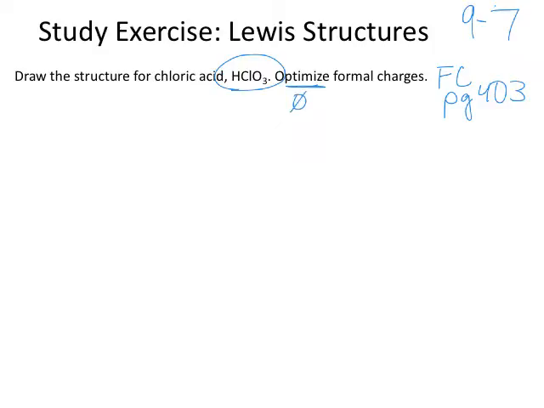The second rule says the sum of all formal charges has to equal the charge on the ion. So the last one, where we did ammonium, the formal charges had to sum up to a +1, and it did, because remember the hydrogens were all 0 and the nitrogen was a +1. So that's your rule.